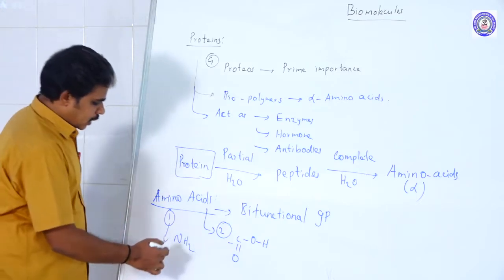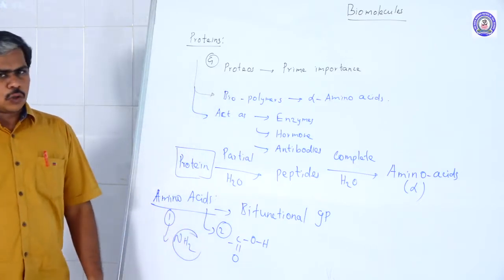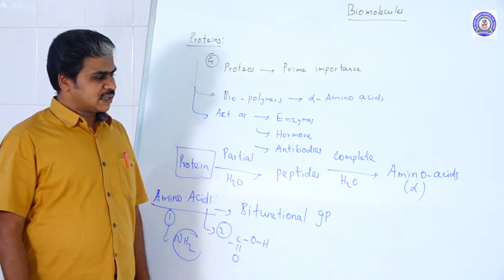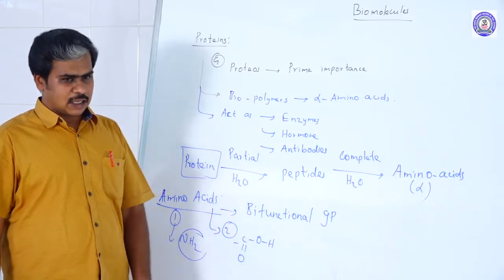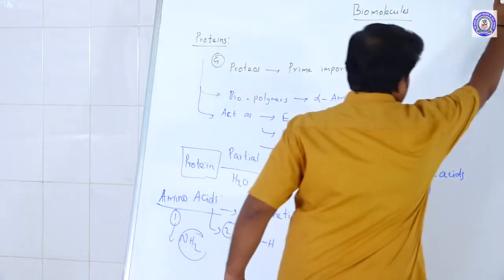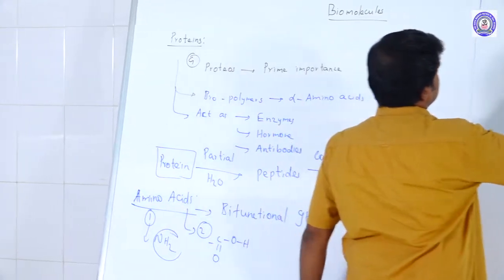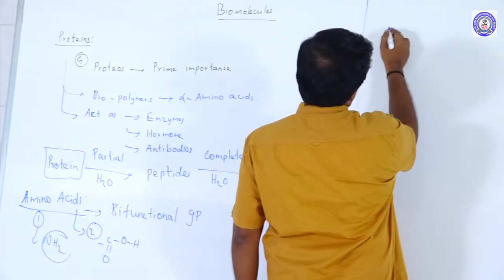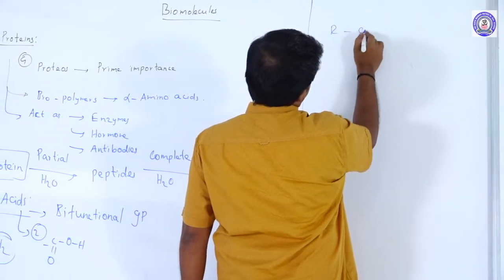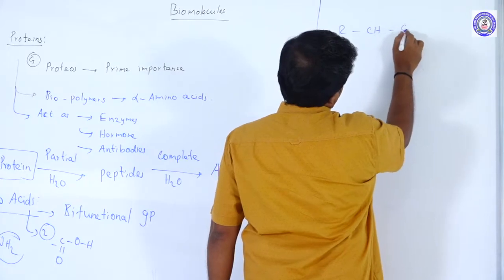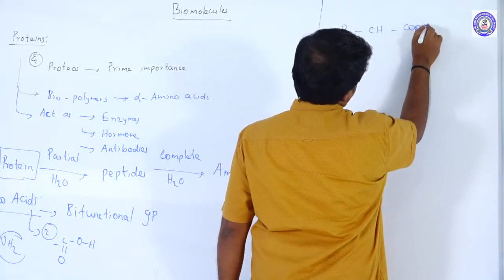Okay. And here the amino group may be present as alpha or beta or gamma or delta. So we take R group, C, H and COOH.